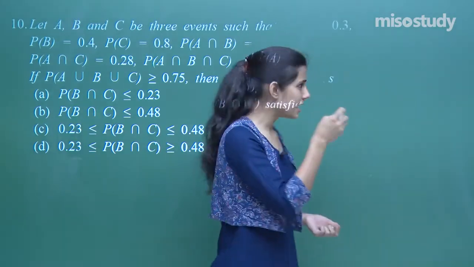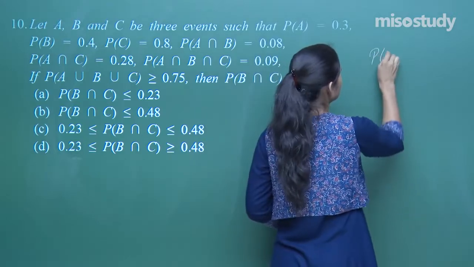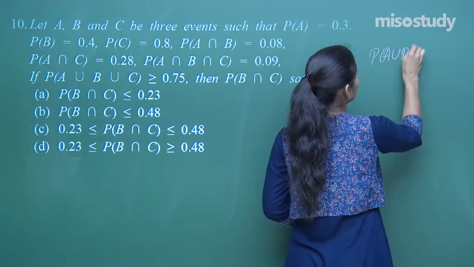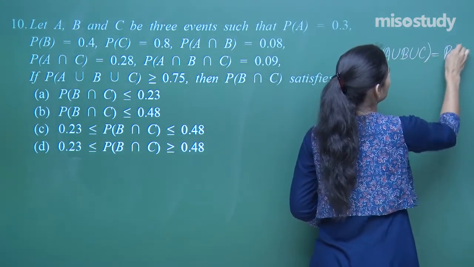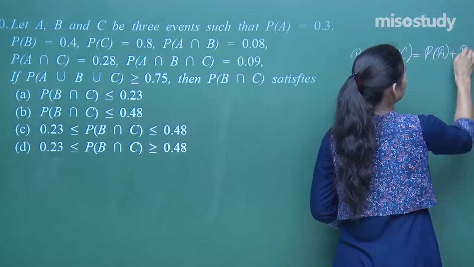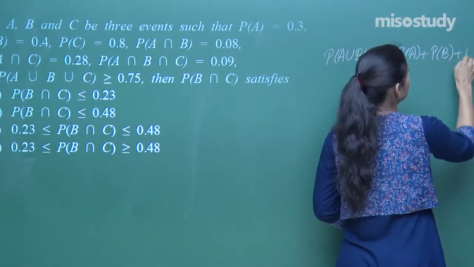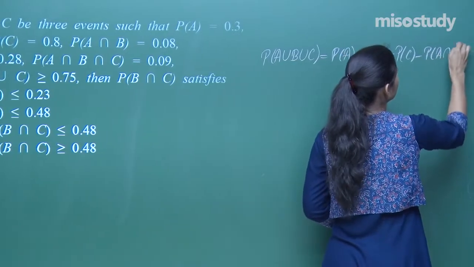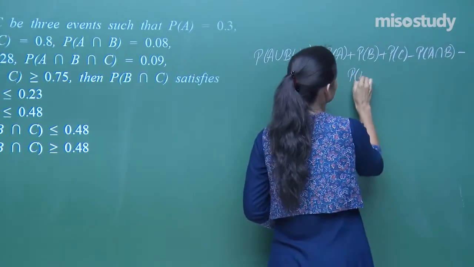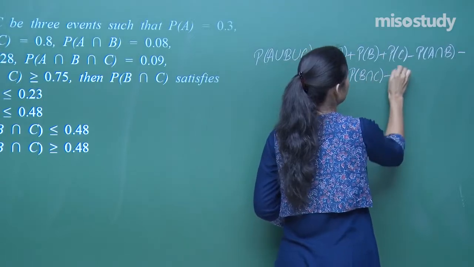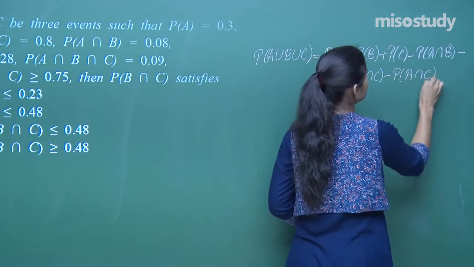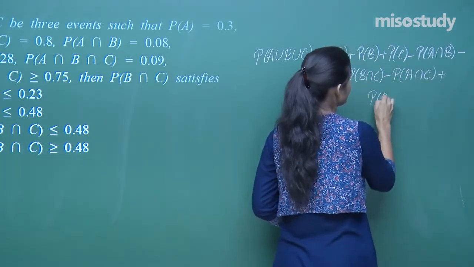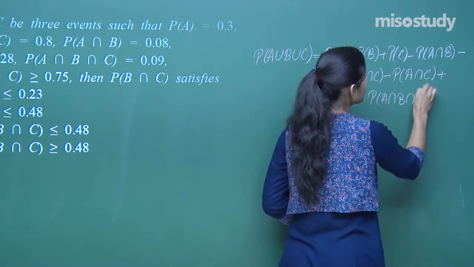Okay, so obviously it's a direct trigger to use probability of A union B union C, which is probability of A plus probability of B plus probability of C minus probability of A intersection B minus probability of B intersection C minus probability of A intersection C plus probability of A intersection B intersection C.